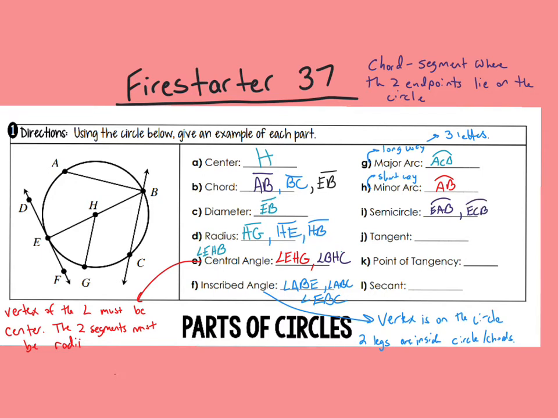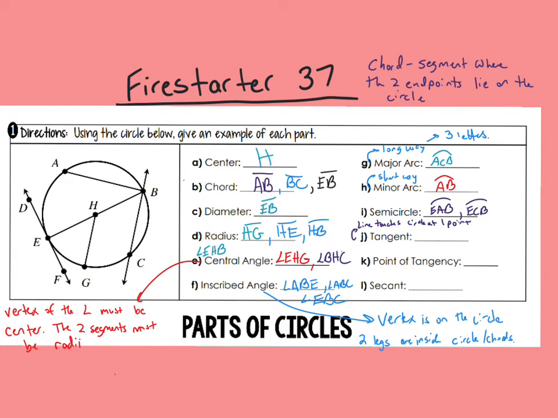Right. Tangent is a line, or in theory it could be a segment as well, that touches the circle at exactly one point.